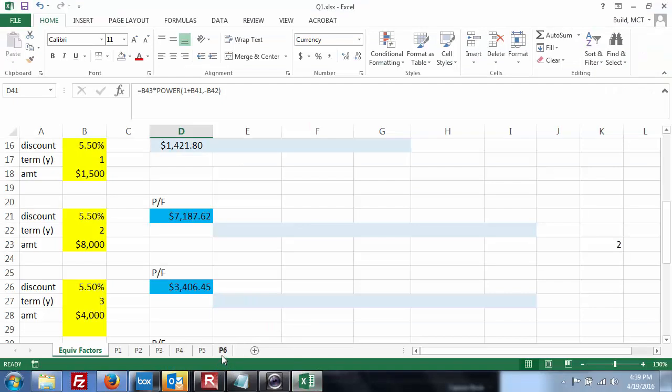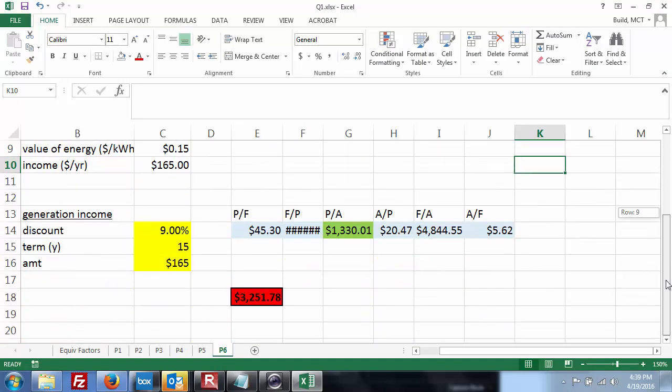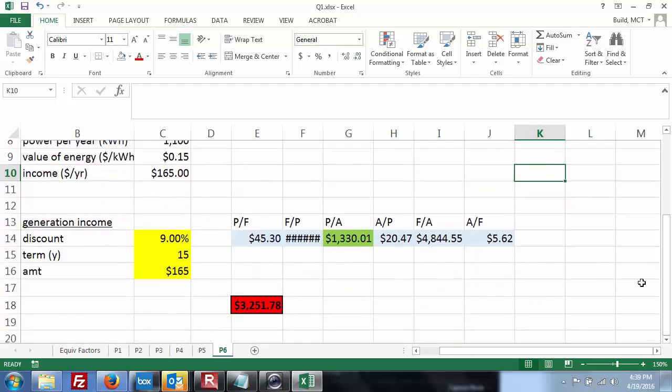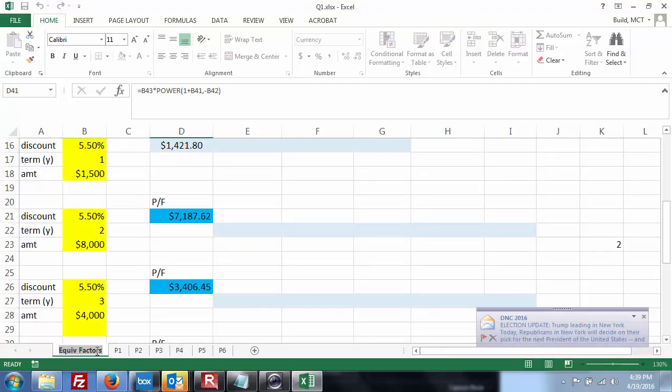All right. This probably looks a lot like another problem, but I don't mind just starting from scratch. This is actually P1.